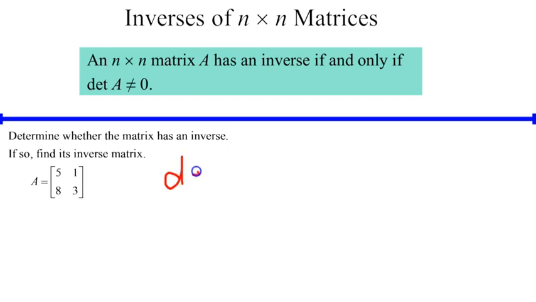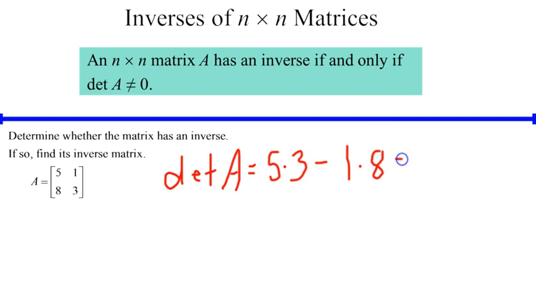The determinant of matrix A in this example would be equal to 5 times 3 minus 1 times 8. 5 times 3 is 15. 15 minus 8 gives us 7. So since the determinant of matrix A is not equal to 0, we can find the inverse of this matrix.